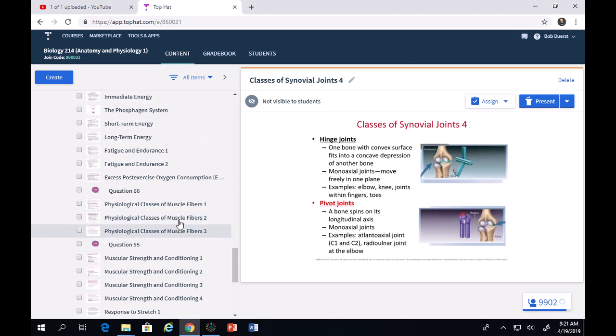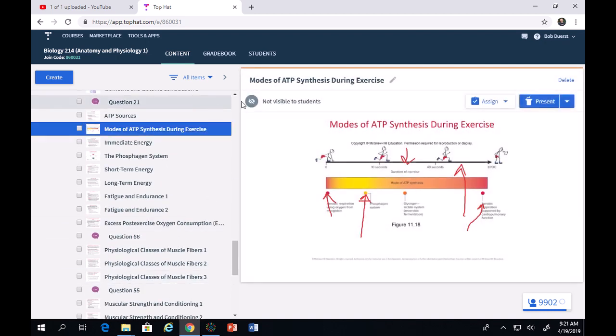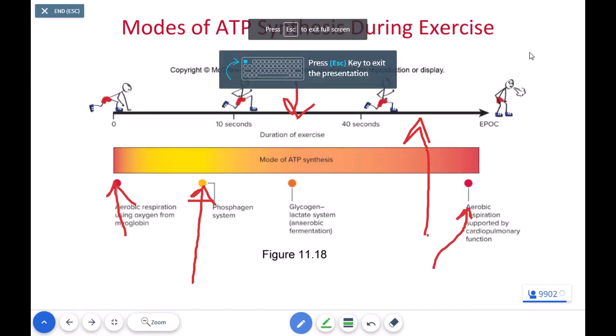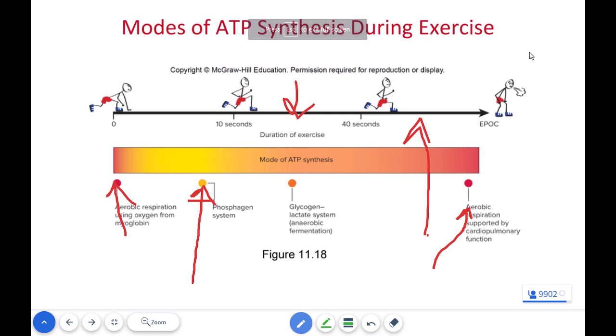So as we're looking at these sources of energy during exercise, when you first start to work out, you have a bunch of ATP floating around in the sarcoplasm of your muscle cells. And you can use that ATP right away to exercise, to move your muscles.